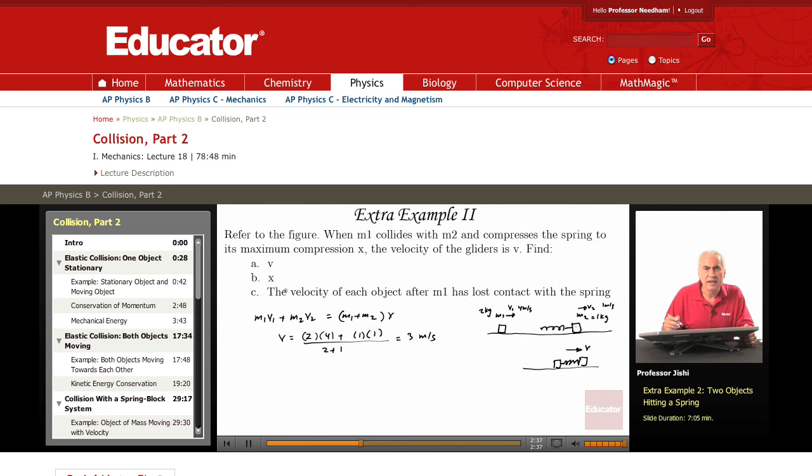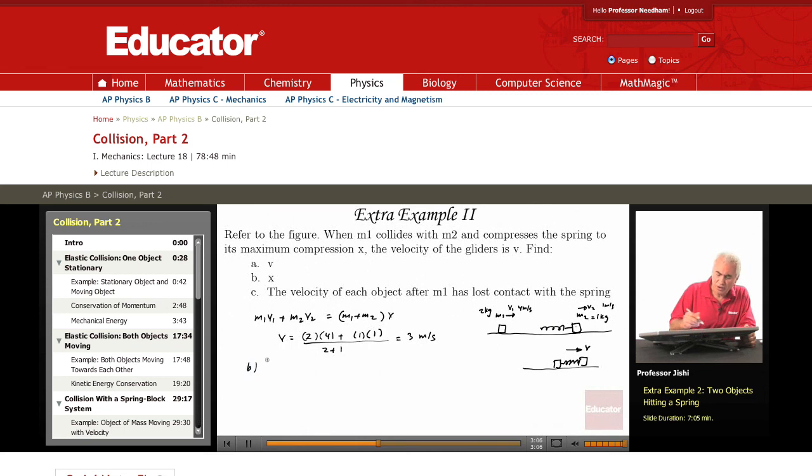How do you find X? Since there's no friction here, and the objects, in fact, are not in contact with each other, they're just in contact with the spring, no heat is produced here. And this is an elastic collision. That is, the total energy, the mechanical energy before collision equals the mechanical energy after collision.